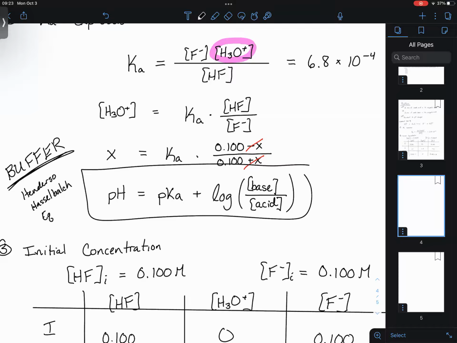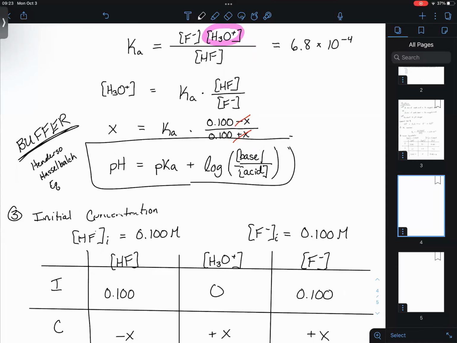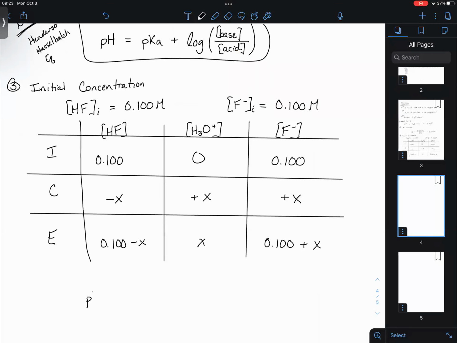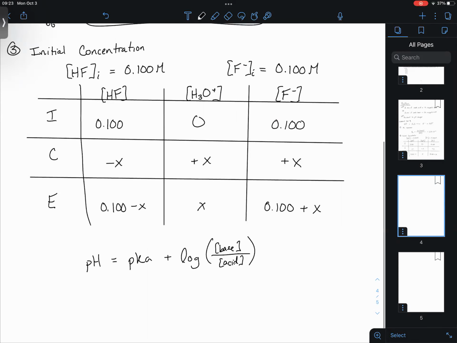Okay, so I want everybody to take a second, and we're going to play with this function real quick. First of all, we said that the pH is equal to the pKa plus the log of the concentration of base over the concentration of acid. I want everybody to take a second and tell me what my pKa is.